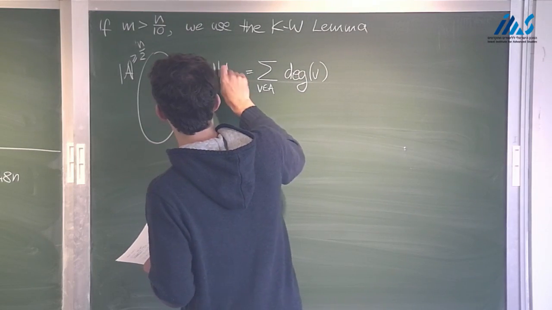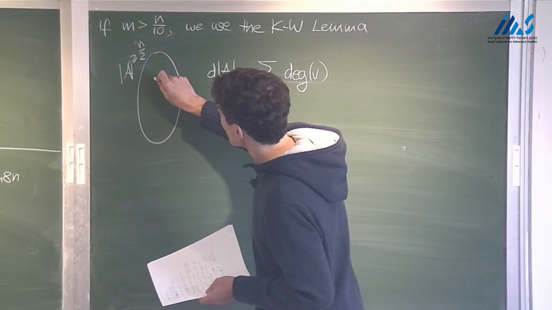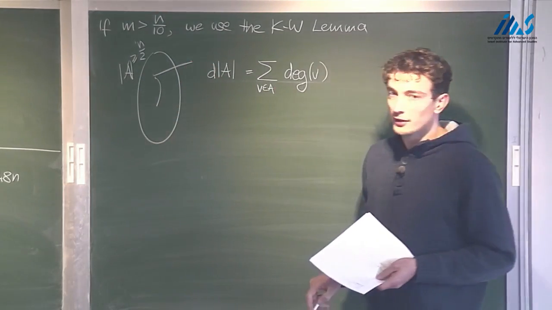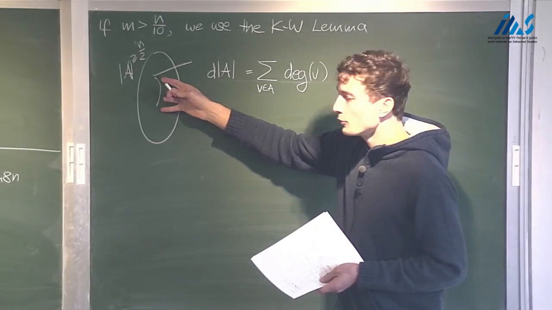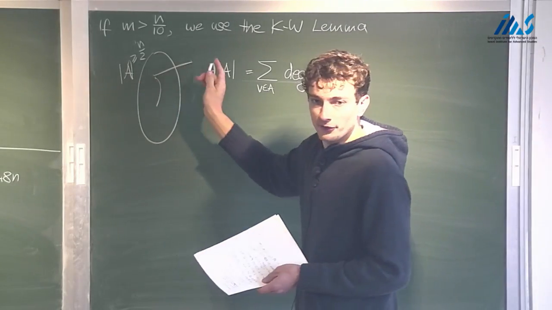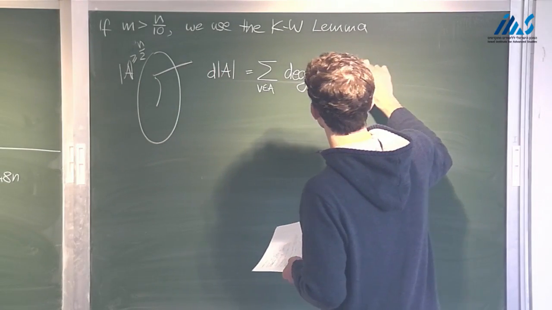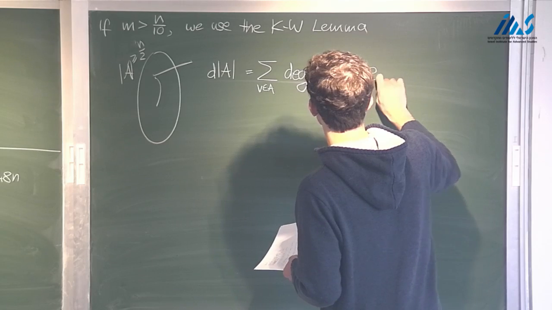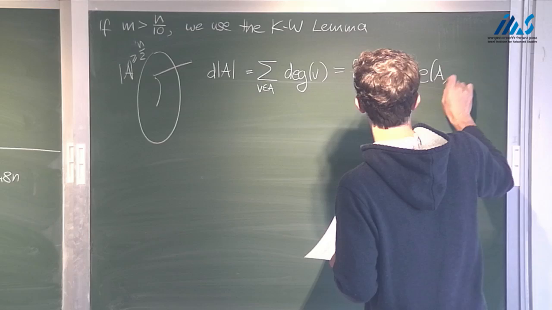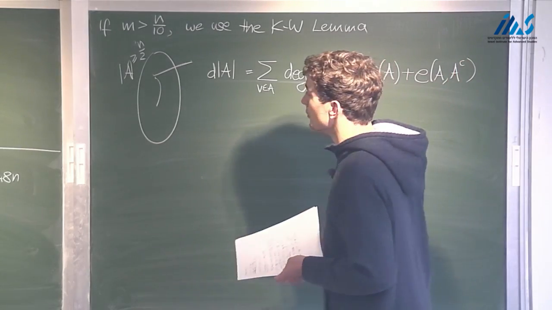But some edges will stay within A, and some edges will leave A. The edges that stay in A, we count them twice because they have 2 endpoints in A. And the edges that leave, we just count them once. So this is twice the edges inside A plus once the edges between A and A complement.